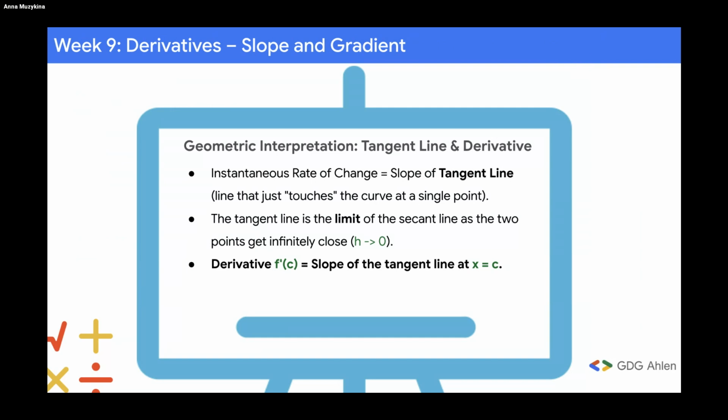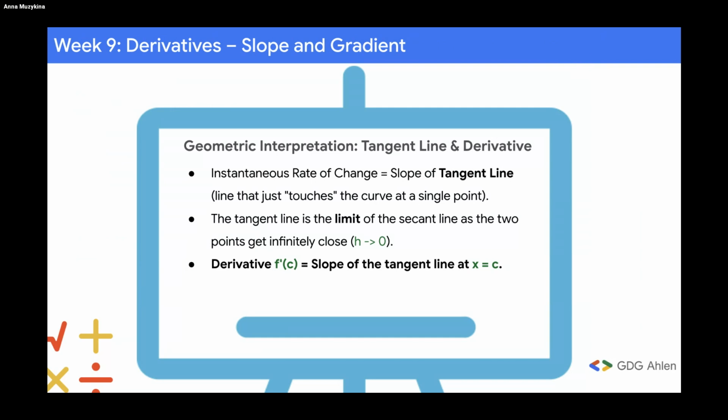As h approaches 0, the second line pivots and gets closer and closer to becoming the tangent line, the unique line that just grazes the curve at that single point, x equals c.